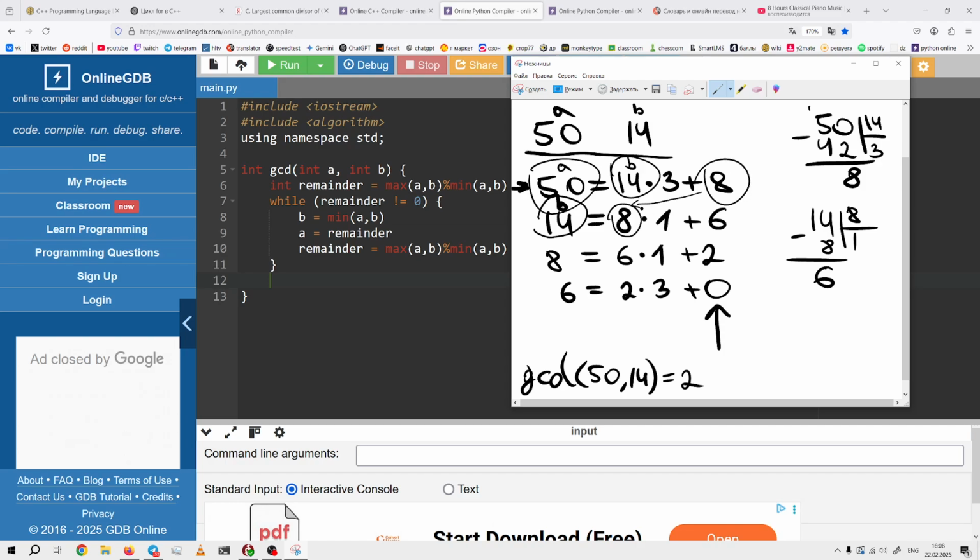Look, it's the remainder, so it's A. Then one more cycle. B is the minimum. Then B will be 8, and A is equal to the remainder. And then B is the minimum. B is this one, and A is the remainder.